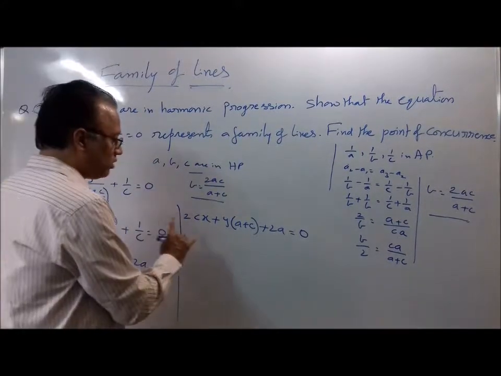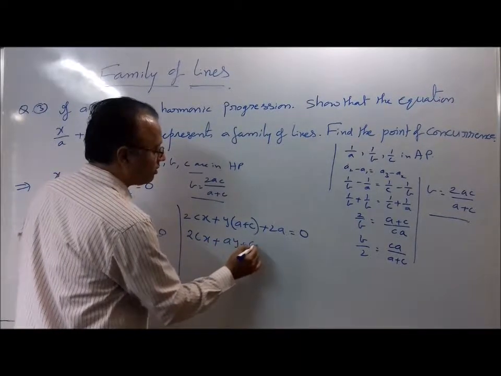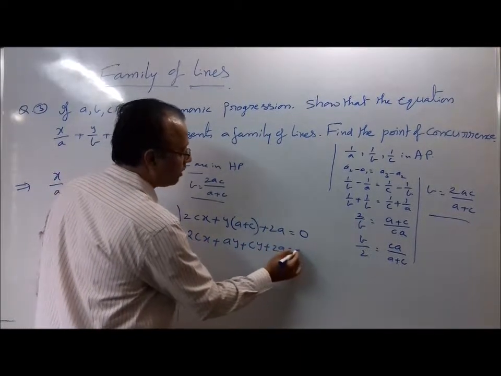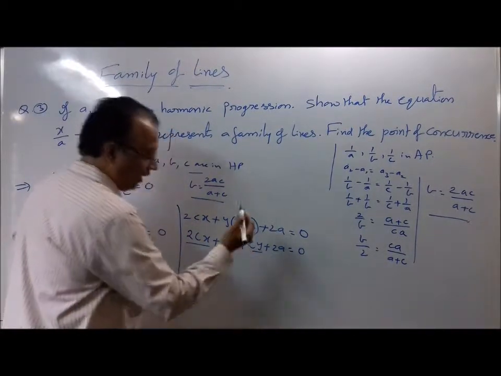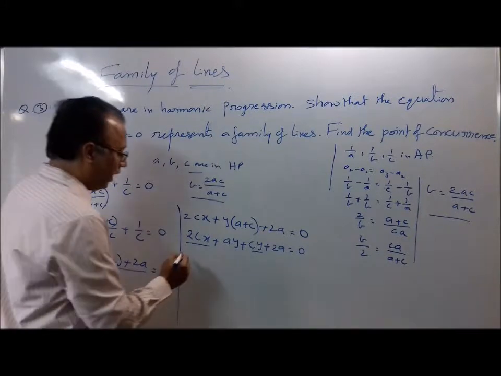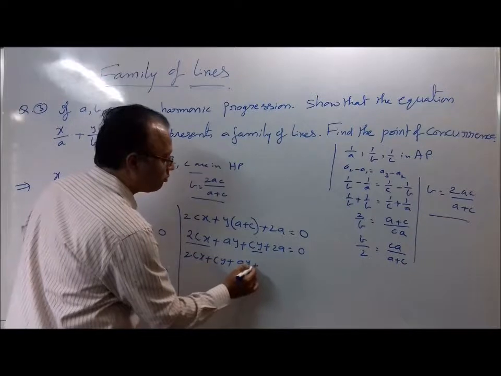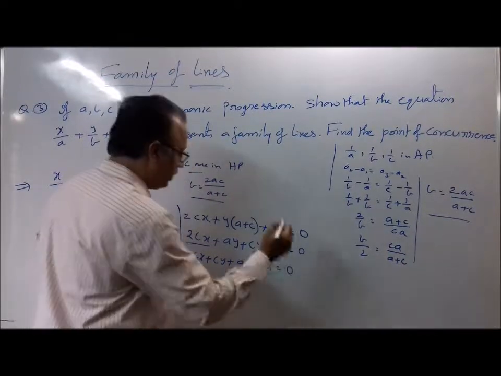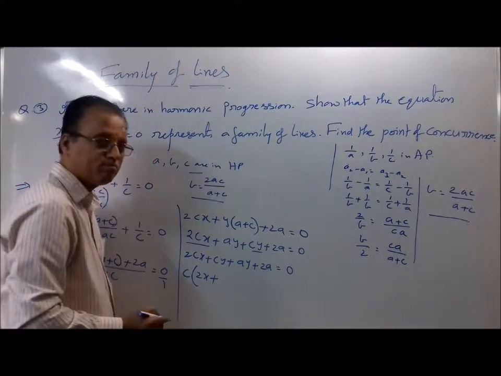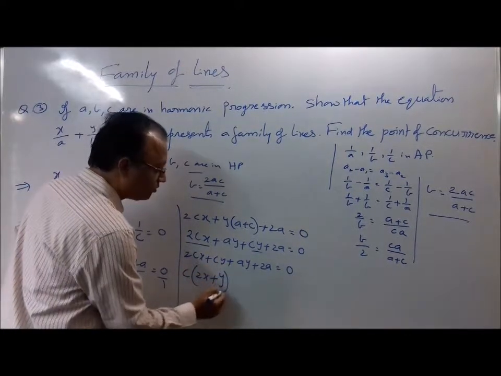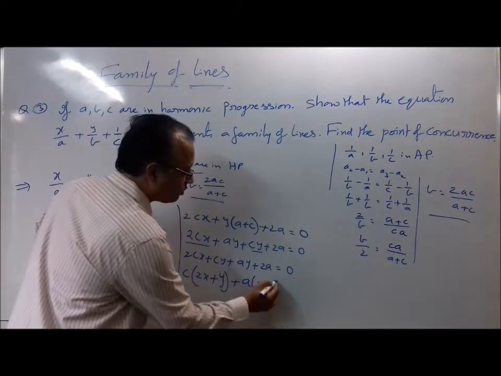Now I split this: 2Cx plus Ay plus Cy plus 2A equal to 0. I take 2Cx plus Cy, and Ay plus 2A. So I take C common: C(2x plus y), and A common: A(y plus 2).